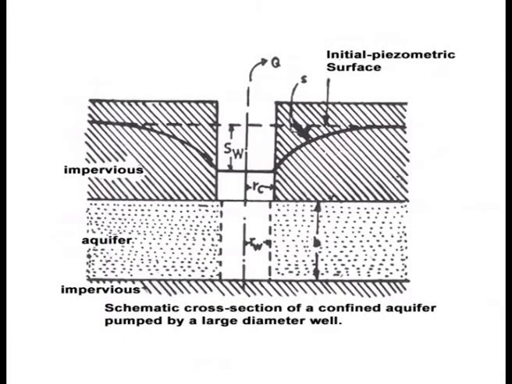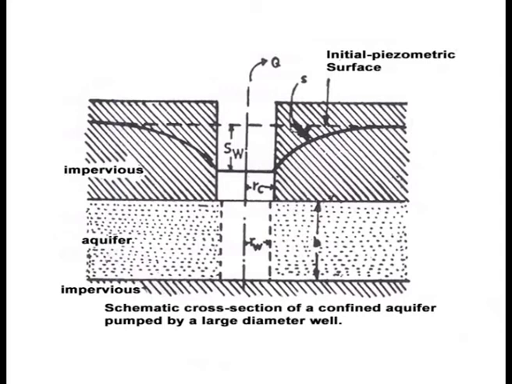So for the study of pumping test data on large diameter wells, the scientists Papadopoulos and Cooper in the year 1967 gave a method. For the pumping test on this large diameter well, they have given a family of curves on log paper.